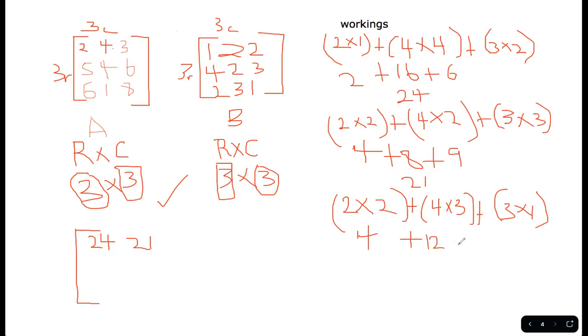And then 3 times 1 is 3. 4 plus 12 is 16, 16 plus 3 is 19. So here is 19.